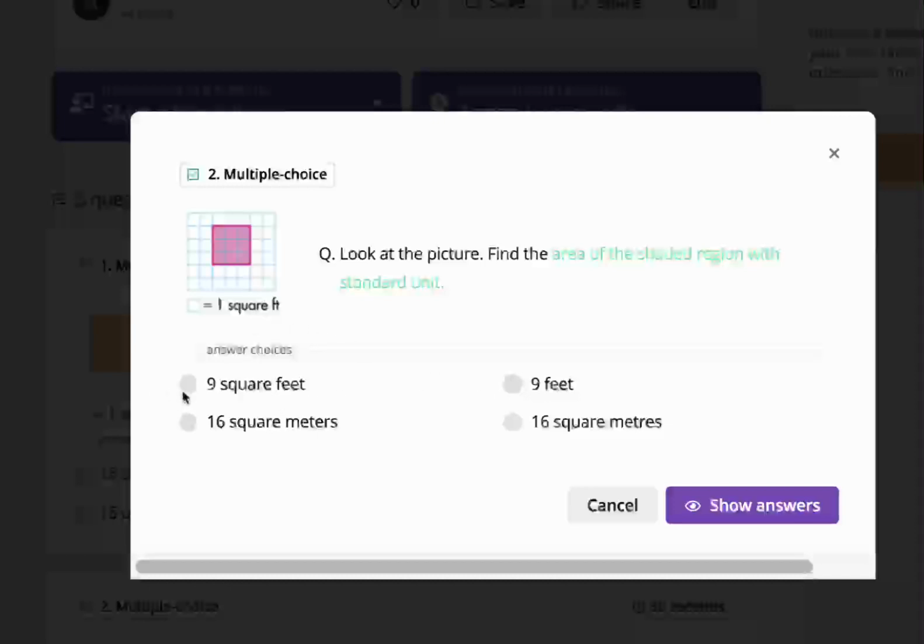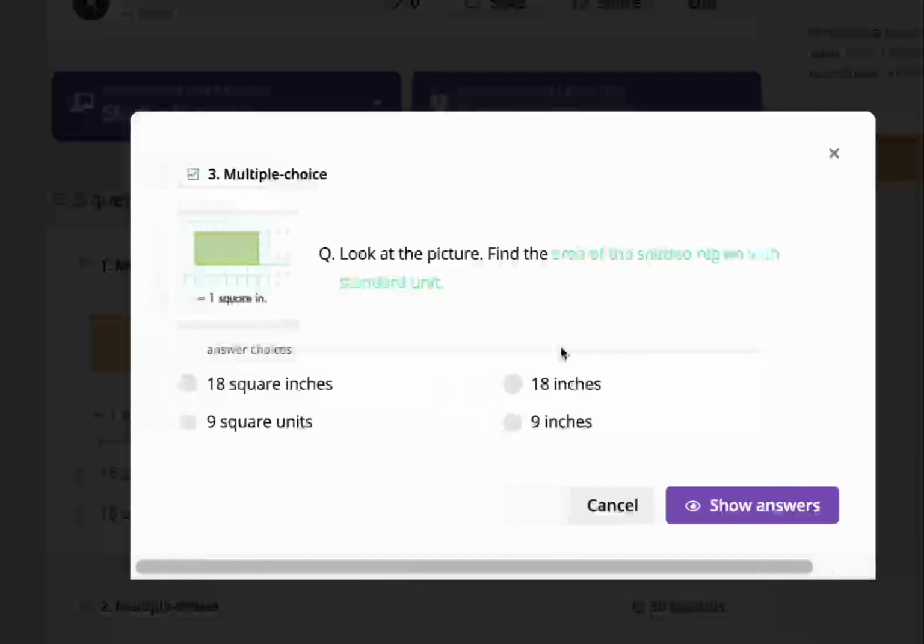So we should choose 9 square feet. Okay, the next question. 18 square inches. Great. Because these are 18 squares, 18 square units covering the shape, and we are using square inch.